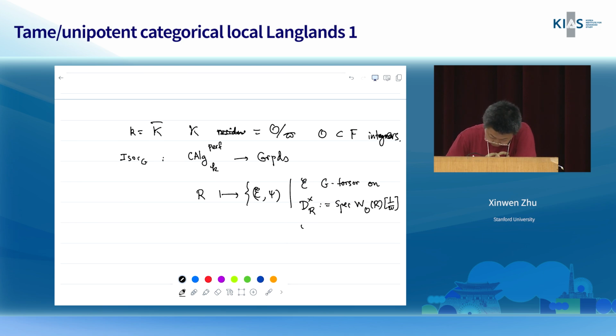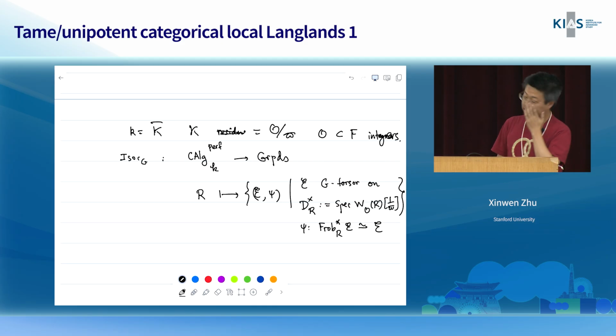And phi is an isomorphism from the Frobenius pullback of E, since there's a Frobenius on R, to E. This is an isomorphism. Okay, so that's the definition.